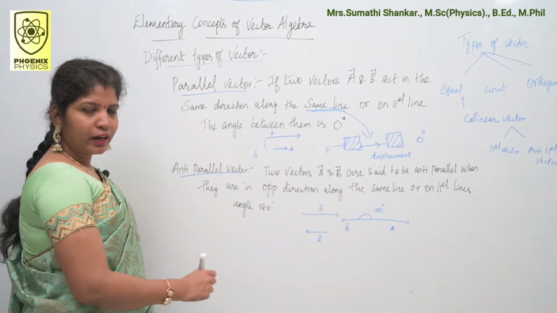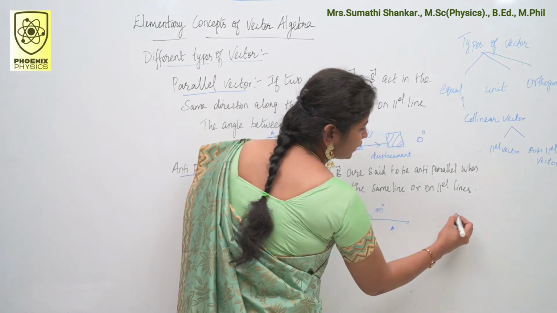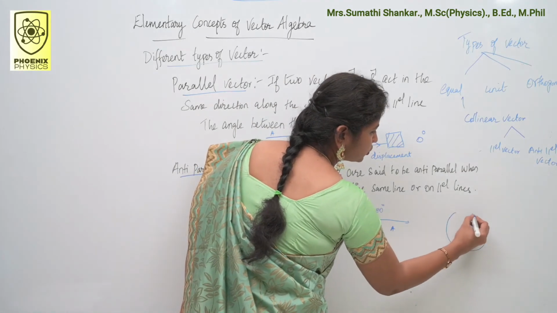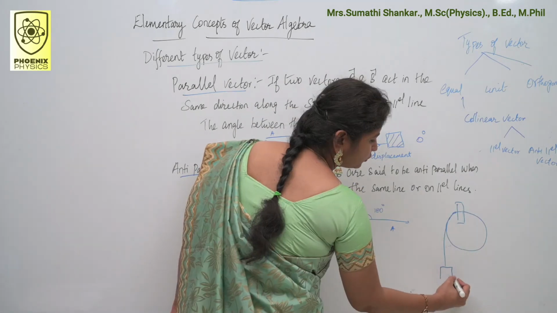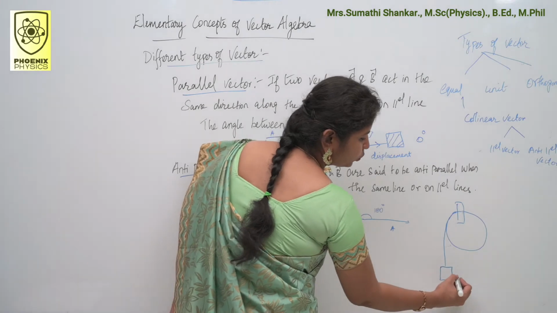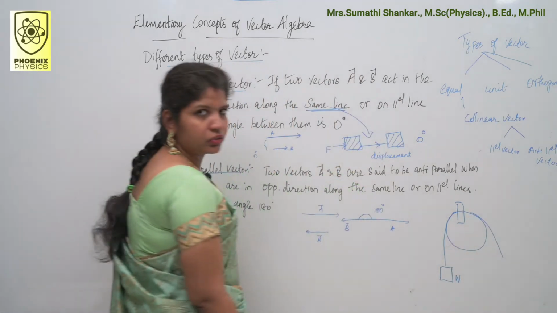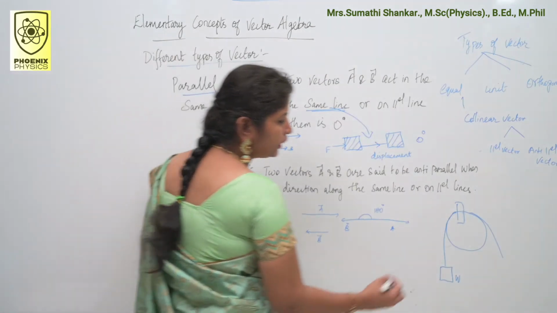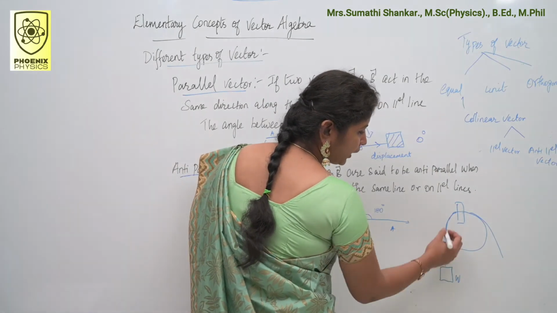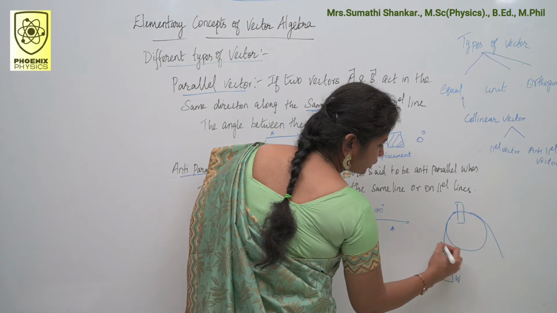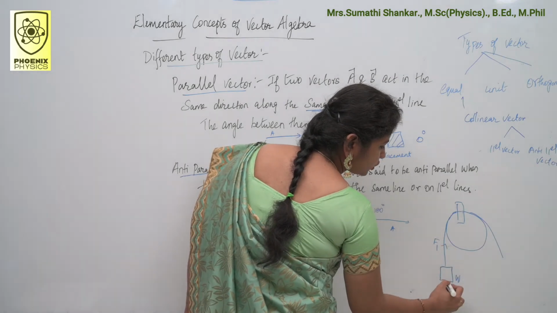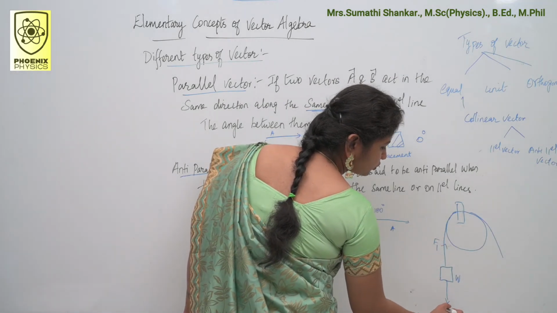Example for this anti-parallel vector, consider a pulley. So this is my pulley. One end of the rope is connected with the weight and here you pull the rope like this. Okay. Here two types of force act on the rope. One is F1 force, another one is F2 force.